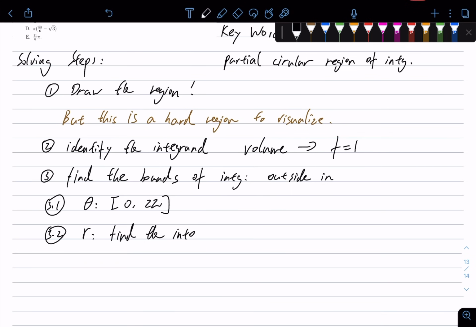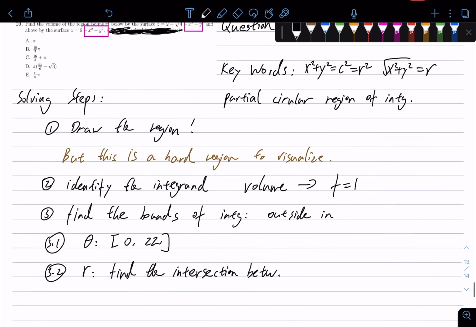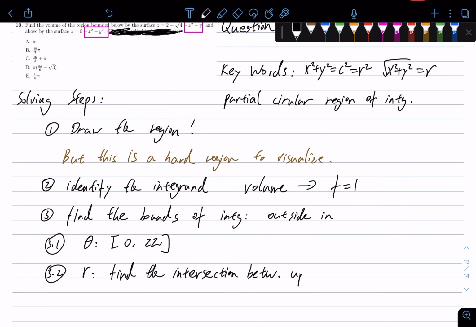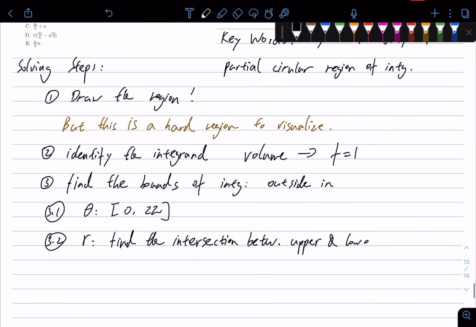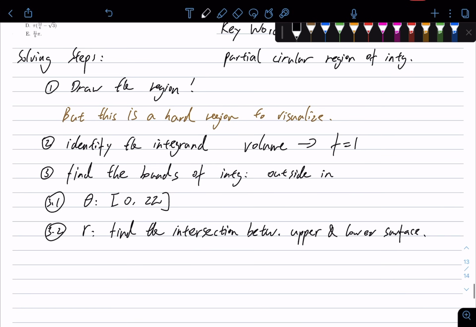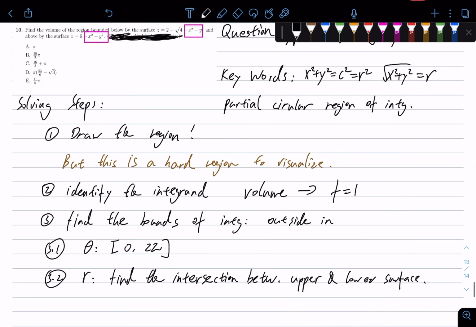What I mean by that is, we can rewrite the first z equation.